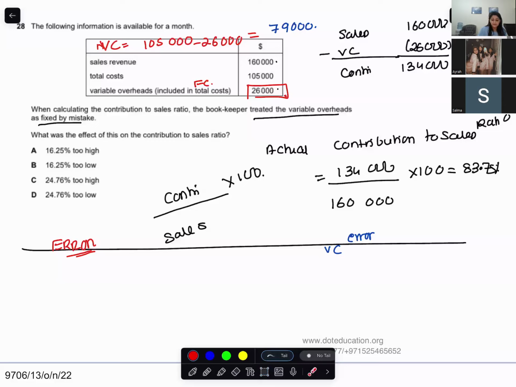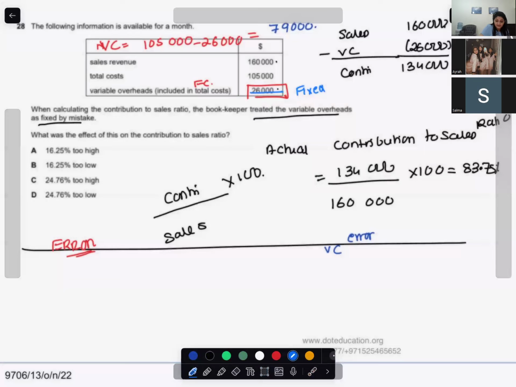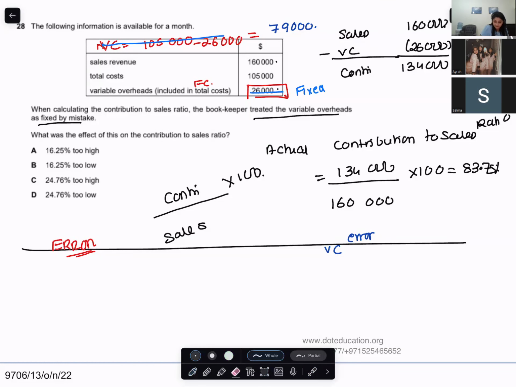What did my bookkeeper do? He thought that this variable expense is entirely fixed. That means for him there was no variable cost. This was entirely fixed, so the total cost was only variable cost according to the bookkeeper.